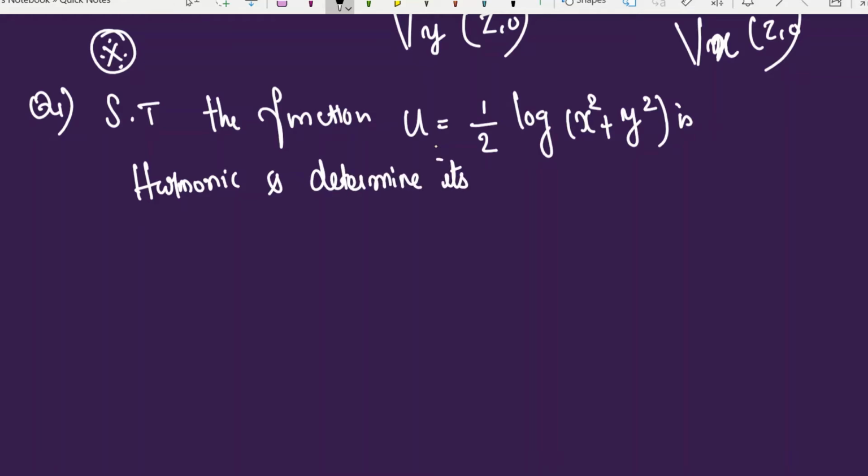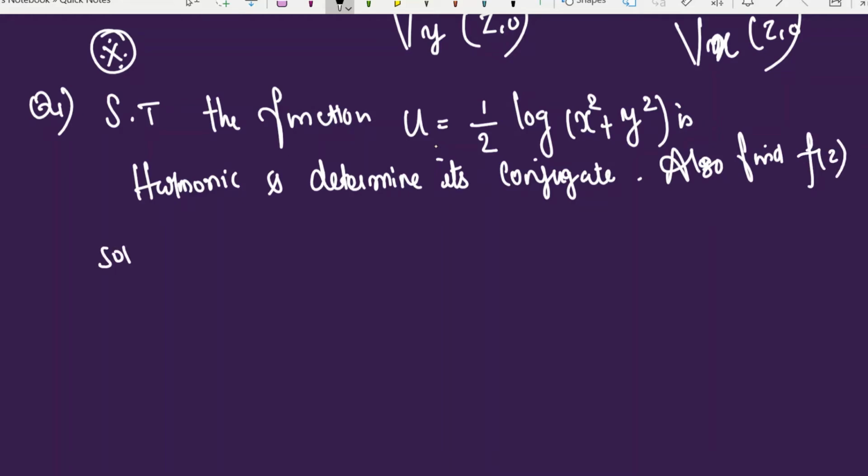Determine its conjugate, that is, we should find v because in this question u is given. Also find f of z. So first we will check whether u is harmonic or not.